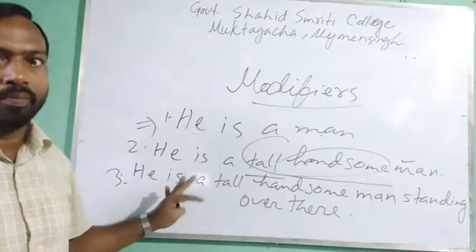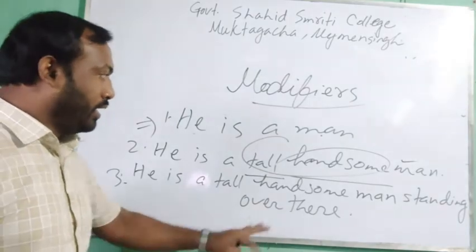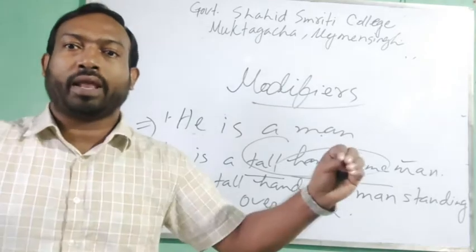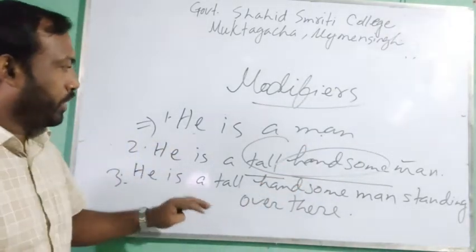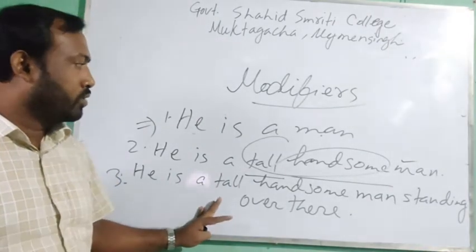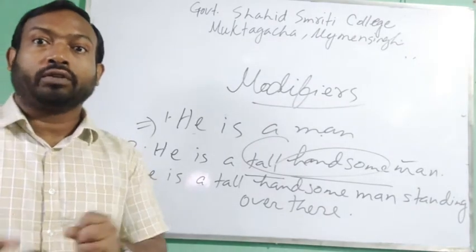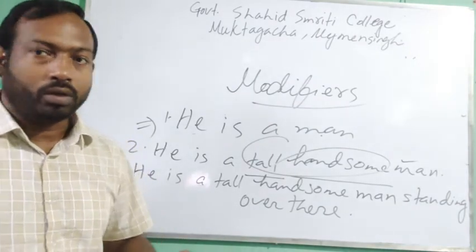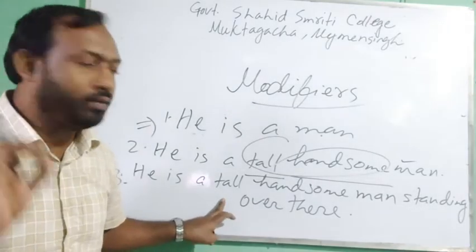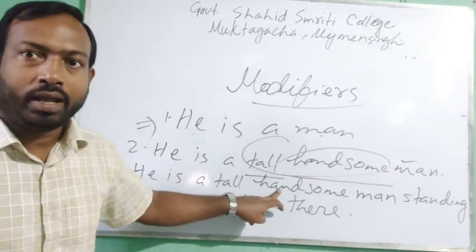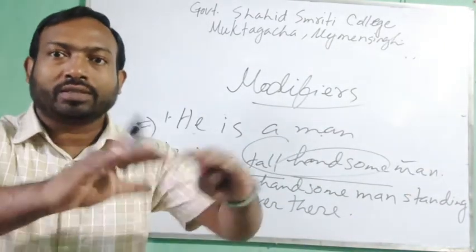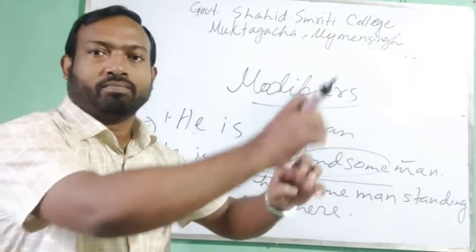And in the third sentence, it becomes even clearer, because it says this is the man who is standing over there. So he is differentiated from other men in other places. We can find the man out if we take the identity into consideration. If you are told to find the man, it's possible, because it says the man is tall, so you have to find a tall, handsome man, and not another man, but the man who is standing over there. He is standing somewhere else and you have to catch him.